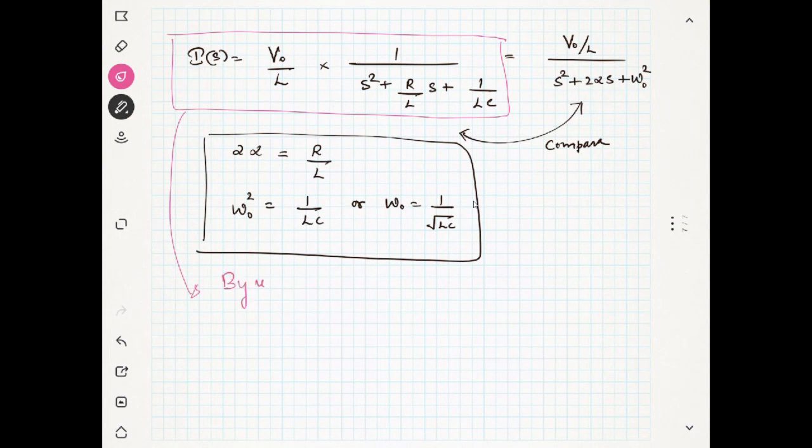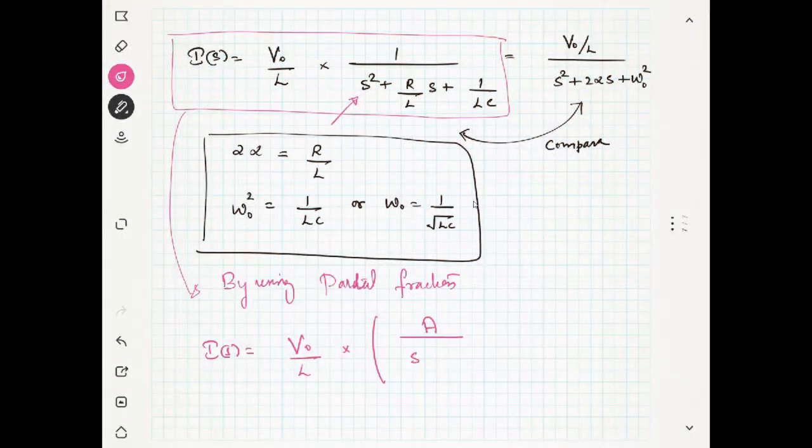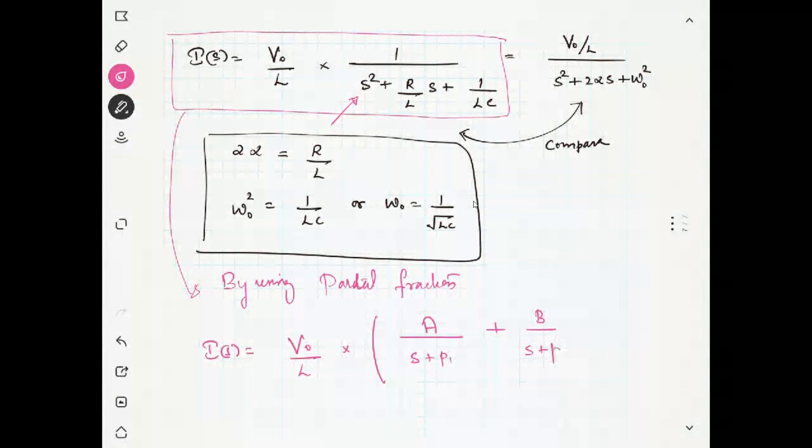So by using partial fraction, you can write the above equation as I of s equal to V0 over L, which is a constant, into, since this is a second degree equation, I am going to split it into two first-degree terms: a over s plus p1 plus b over s plus p2. I have to find p1 and p2; that is another issue. Okay, you understood?